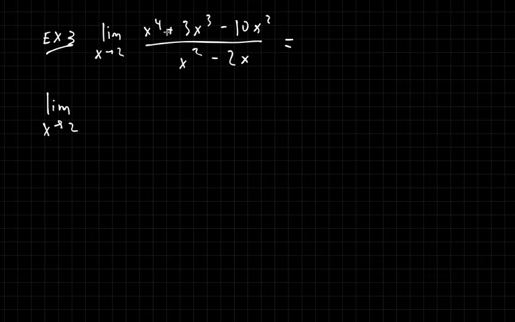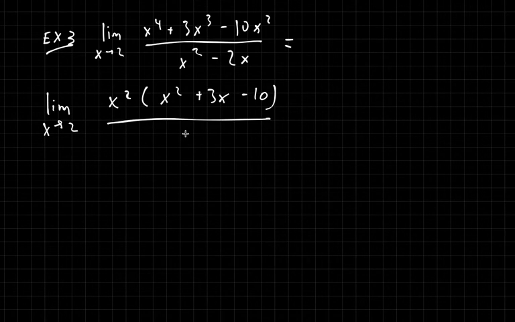Well, we can factor out x, but we can also do x squared. So let's try x squared. So x squared times x squared plus 3x minus 10, right? This times this is that, this times this is that, this times this is that.